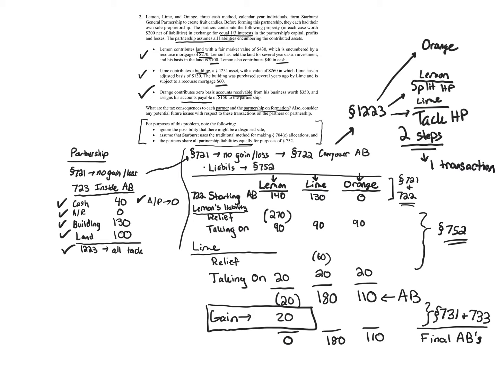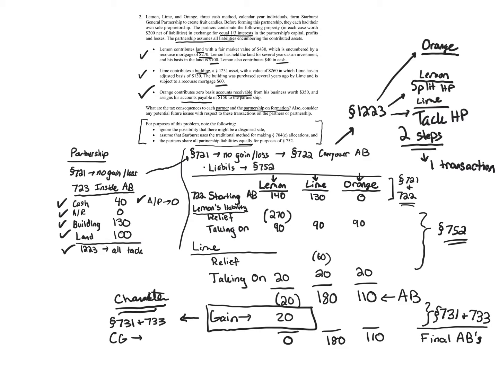Now, why is that important? Because Lemon has a $20 gain, and the character of that gain, in general, under section 731 and 733 together, is going to be capital gain. Well, as we all know, capital gain makes a big difference if it's long-term capital or short-term capital.